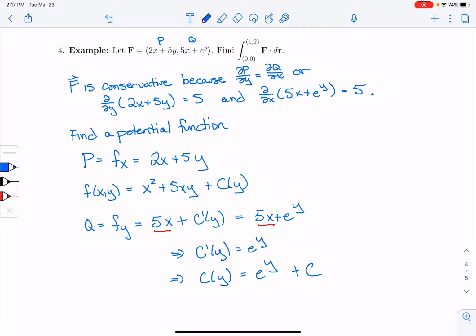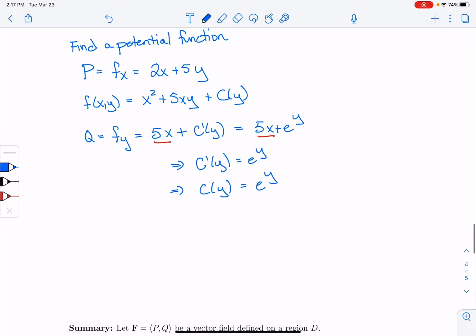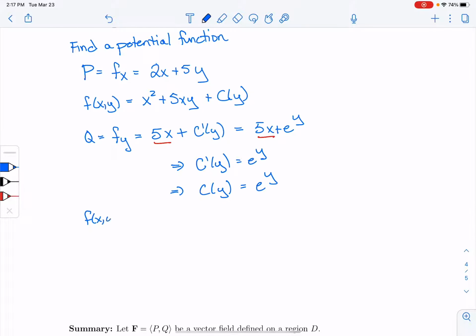That arbitrary constant would subtract out. And so we don't need that. We just need to find a potential function, not the potential function. Okay, so in fact, that tells us that f of x, y then is going to be x squared plus 5xy plus e to the y.